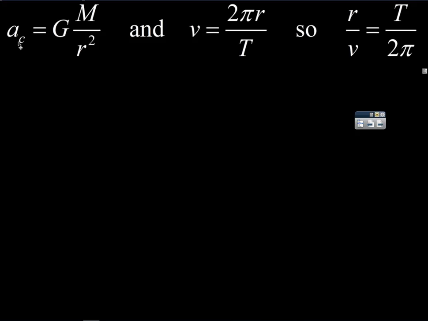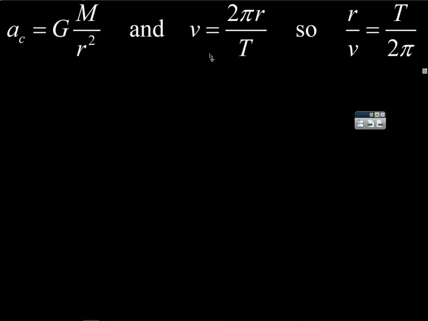So centripetal acceleration in this case for uniform circular motion is just GM over r squared, right? Now, we're using the case of uniform circular motion, and we're going to describe elliptical motion, but you're just going to have to trust me that these equations are going to translate, so it's going to work okay. There's a calculus way to derive this that's more legit, but this isn't bad.